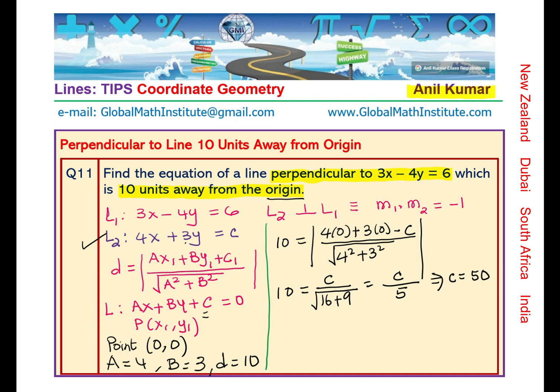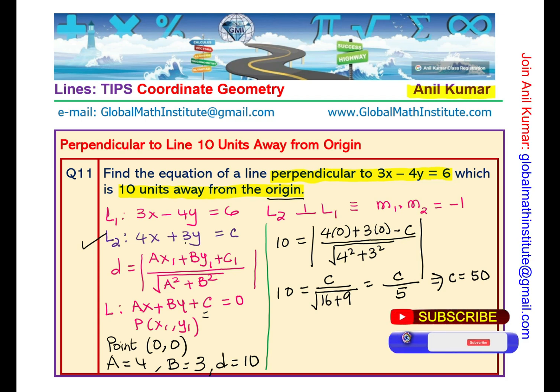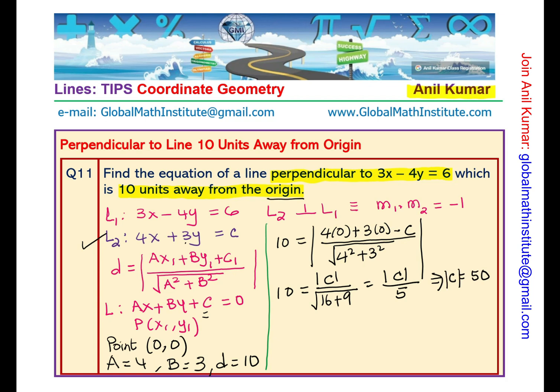So remember one thing, this value of c could be plus or minus. It could be on either side of this particular equation, since it was actually the absolute value of c, correct? Now, the absolute value of c could be positive 50 or negative 50.